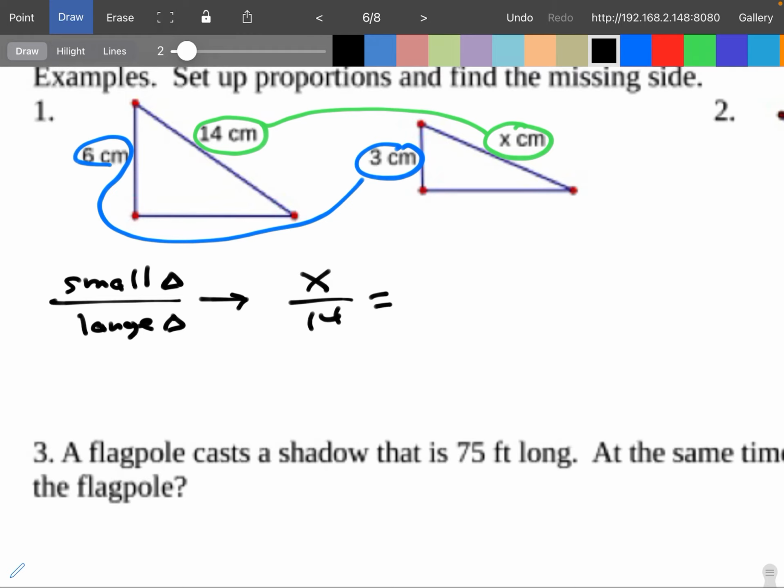So x in the little one, what does that correspond with in the big one? 14, good. And that's going to be equal to, or proportional to, or in the same ratio as 3 in the little one, that corresponds with 6 in the big one, right? Does that make sense to you guys? That's all you got to do, as long as you're consistent. Again, we're doing small triangle lengths over big triangle lengths.